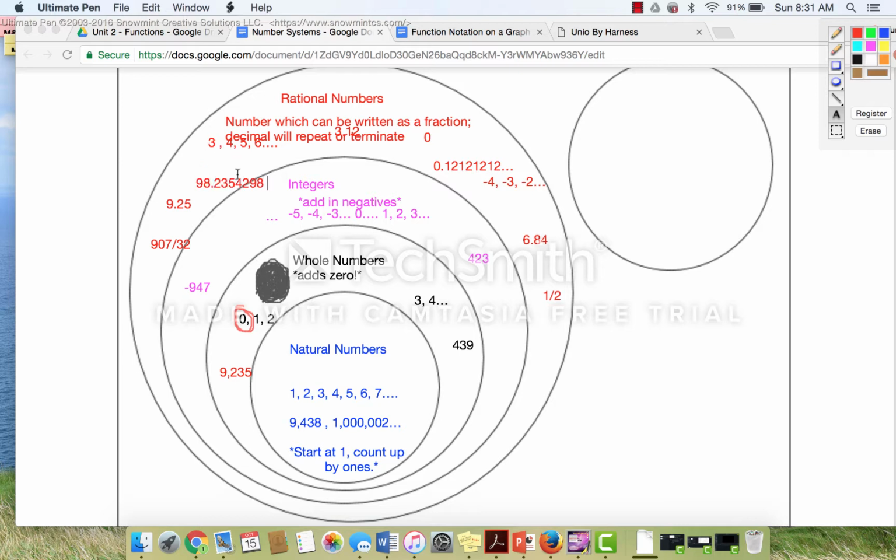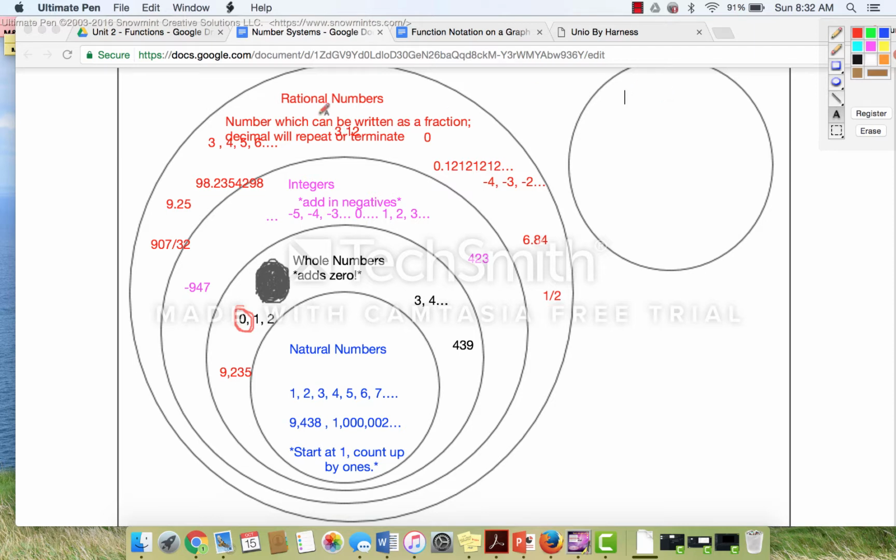I'm just pounding on the keyboard. Whatever I got there, it terminates, so it's going to be rational. All right. We're going to go into rational and irrational numbers a little bit more later on down the road, talking about square roots, but I just want you to be familiar with this for now.